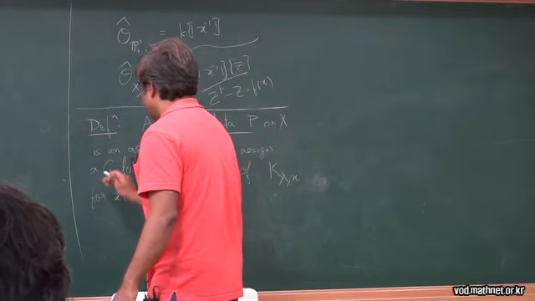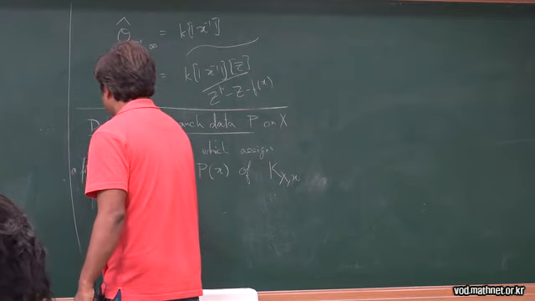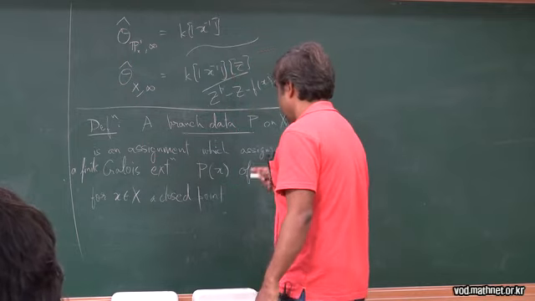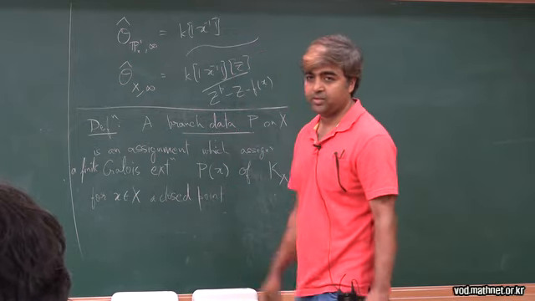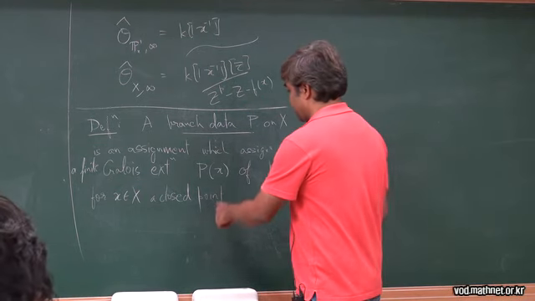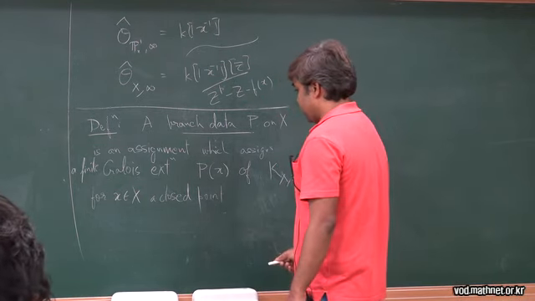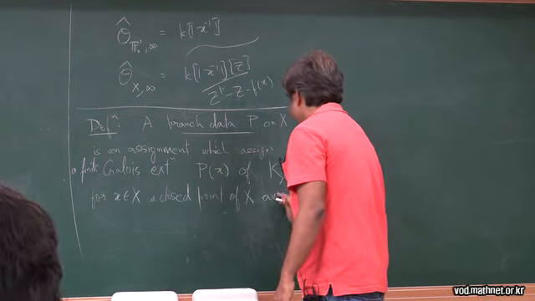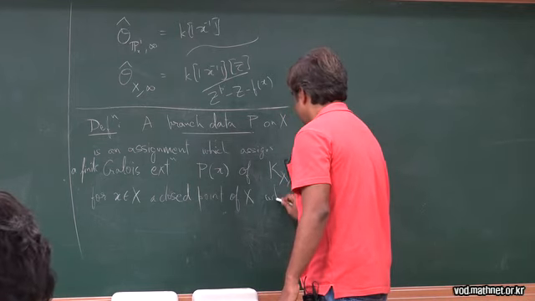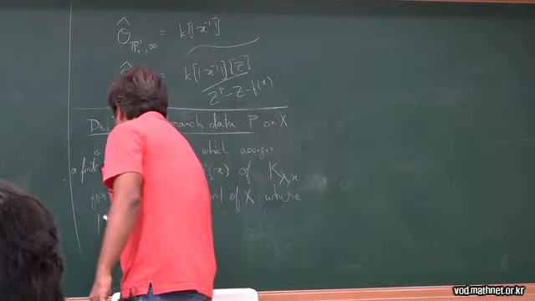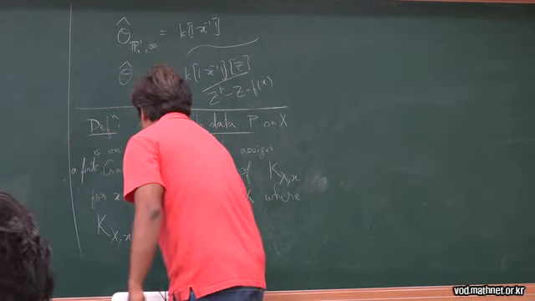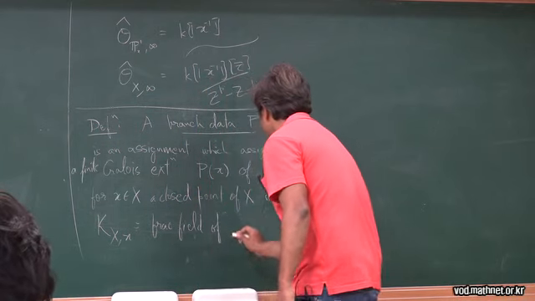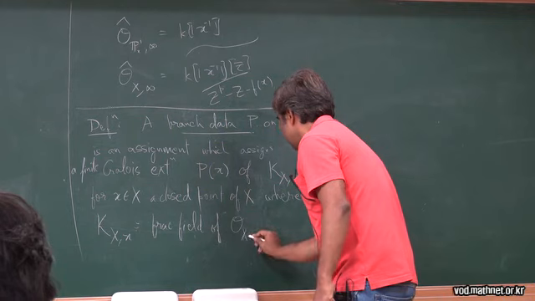Here K_x is the fraction field of the completion of the closed point of X, where K_x is the fraction field of O_{X,x} hat.